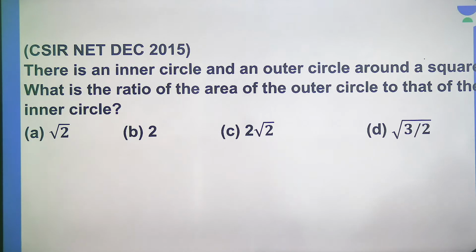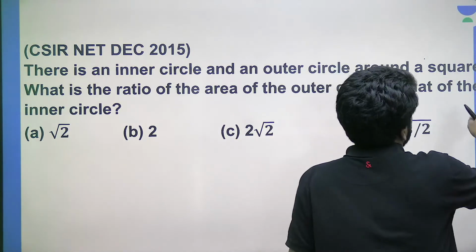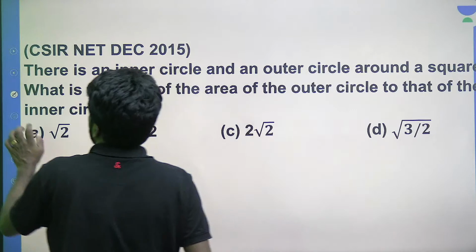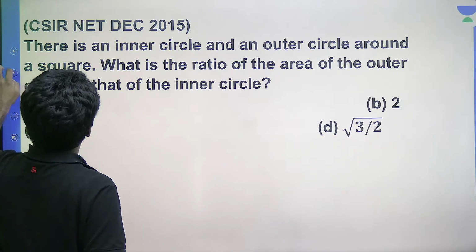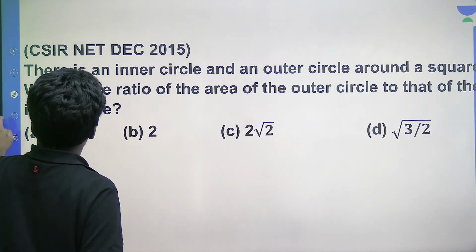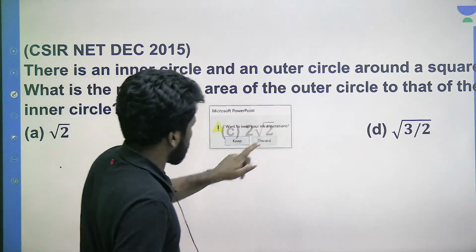That first question type itself. Yeah. So the picture can be drawn like this. Just a minute.